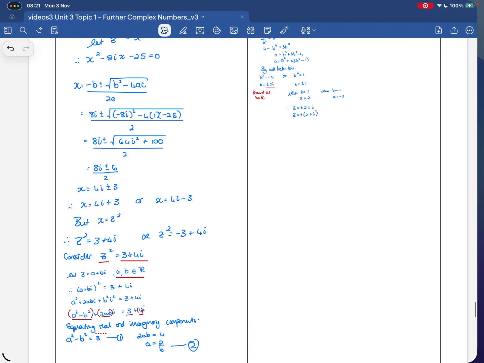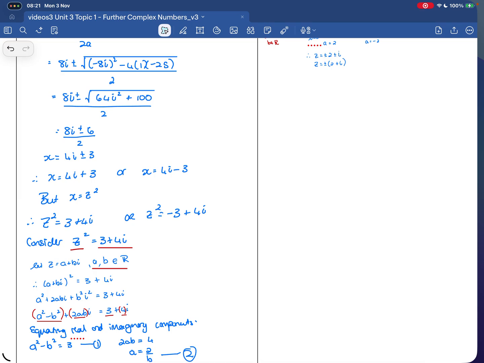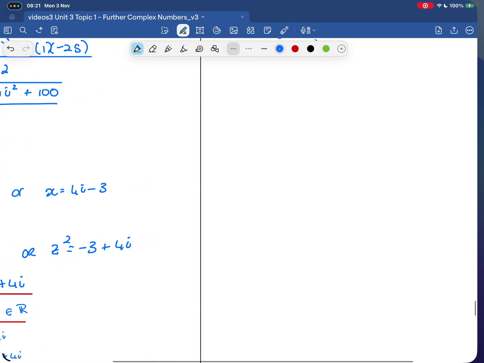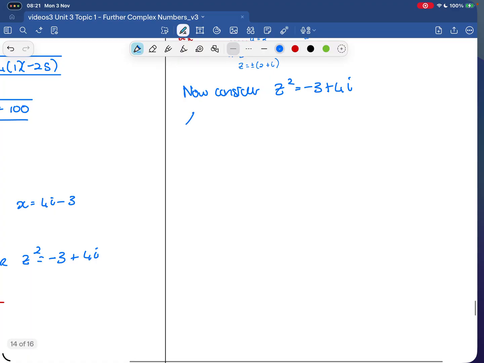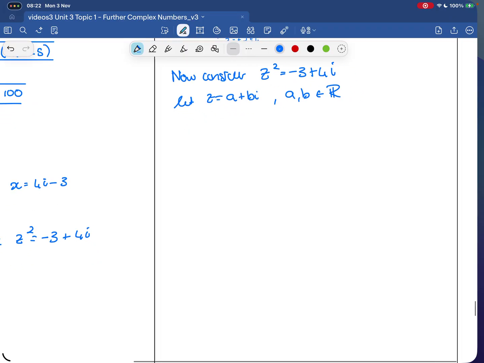All right, so now we've considered z squared is 3 plus 4i, we now need to consider z squared is minus 3 plus 4i. So now consider z squared is negative 3 plus 4i. And we're going to go through the same process, okay, where we're going to let z equal a plus bi, where a and b are both real numbers.